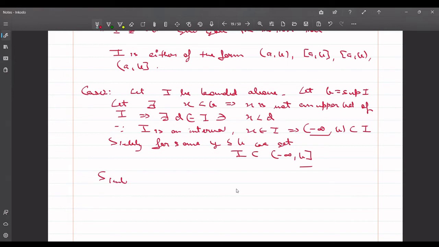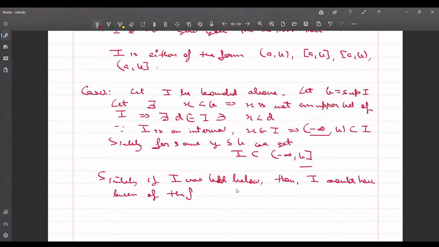Similarly, if I was bounded below, then I would have been of the form a to infinity or a closed to infinity.